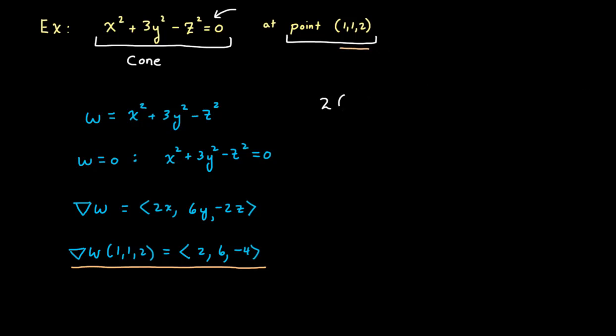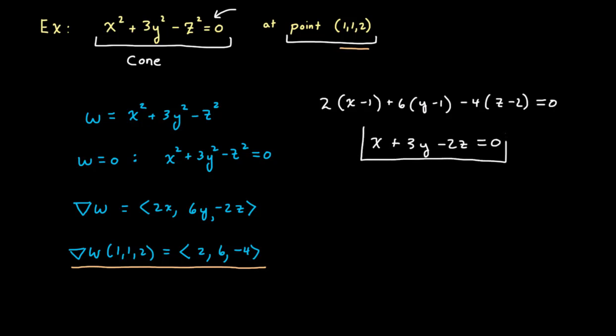So we have 2(x - 1) + 6(y - 1) - 4(z - 2) = 0, recalling the equation of a plane. And in the end, if we simplify this, it's x + 3y - 2z = 0. That's pretty cool, right?